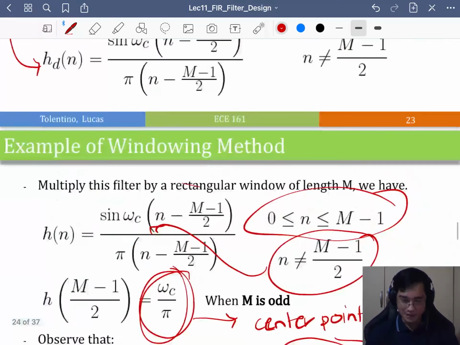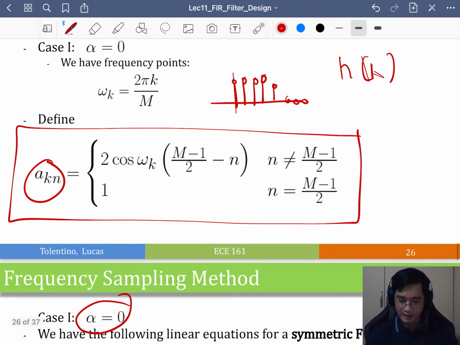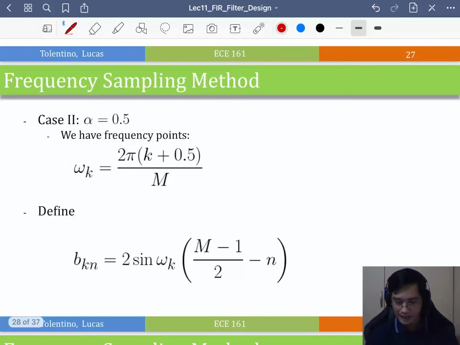In the first case, we are setting these points. But in the second case, we are not exactly at omega is 0. We are setting at the middle.